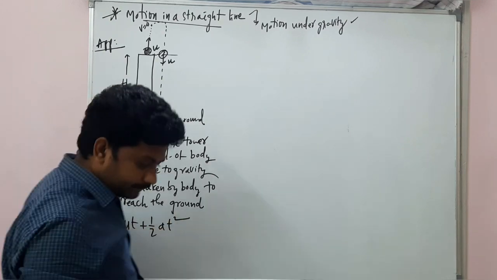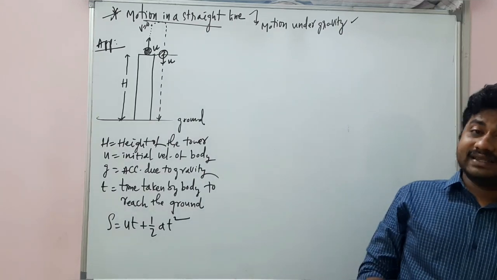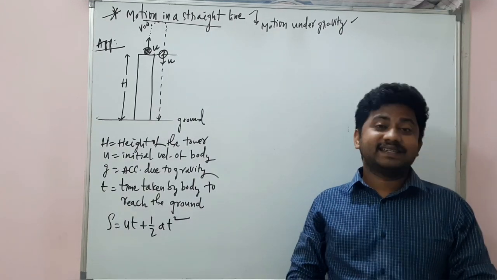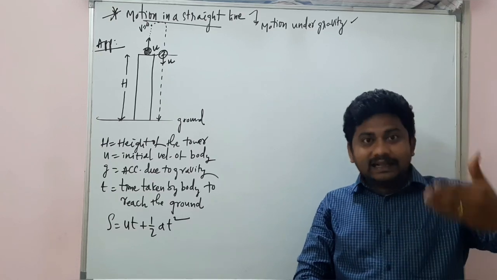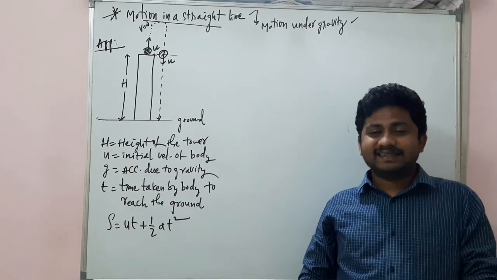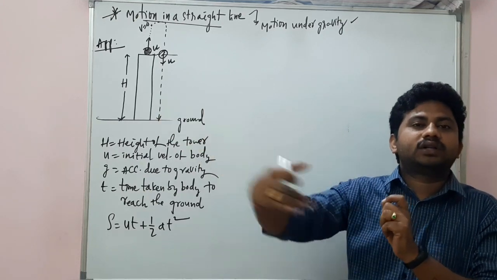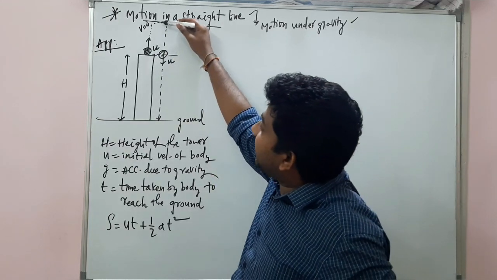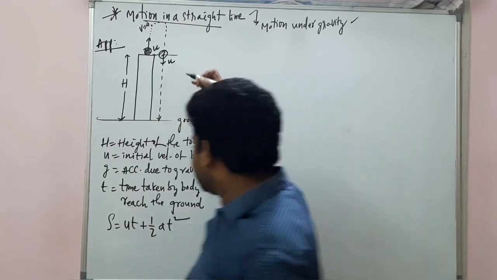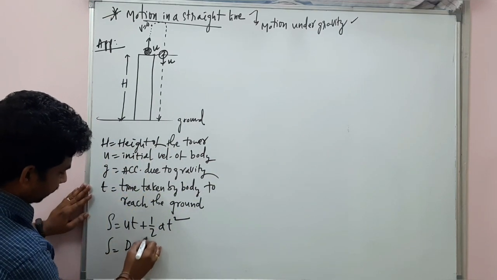What is s here? s is displacement. It is not the distance traveled. Till now we have discussed cases where the body is moving in a straight line without turning back. But here the body is moving in a straight line and turning back. So this s is called the displacement here.